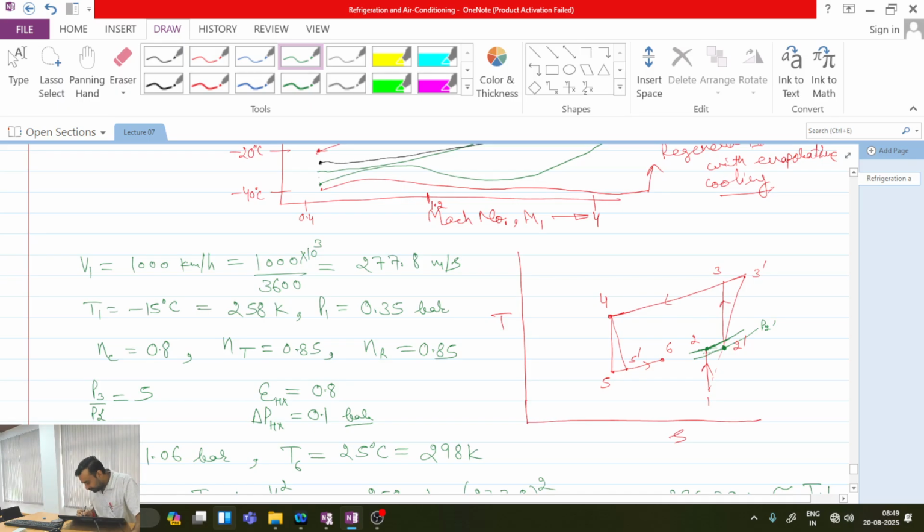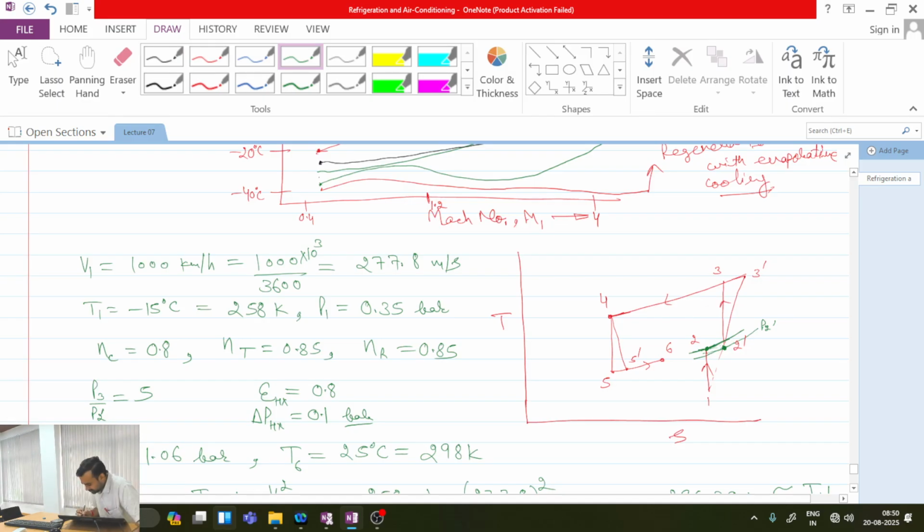Now, if you see, point 2 was on the high pressure line, point 2 dash is on the low pressure line, and these two lines are adjusted in such a way that this low pressure line is shifted towards the right with reference to point 2.